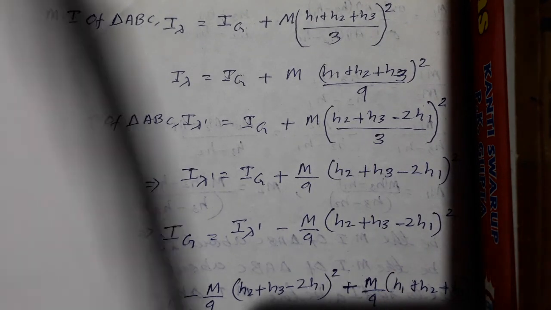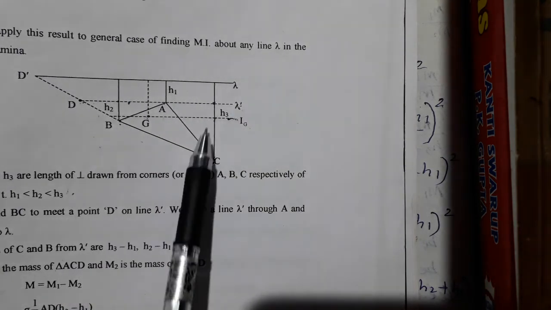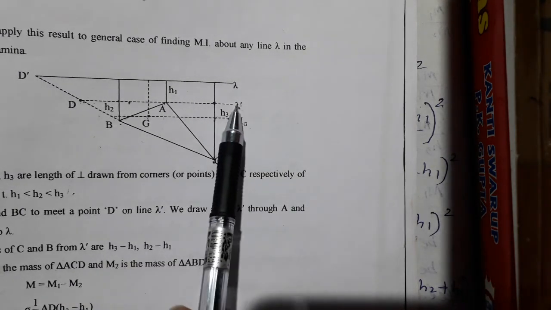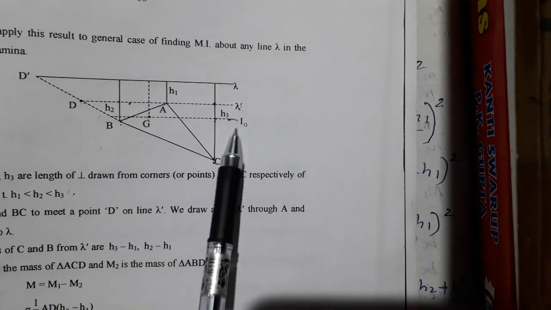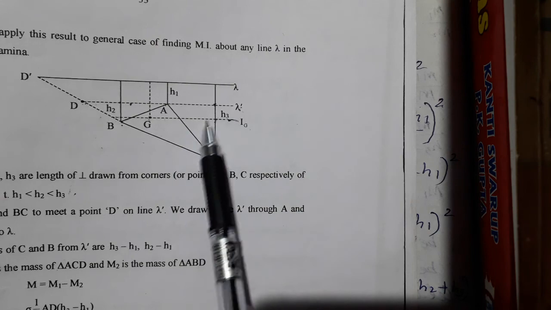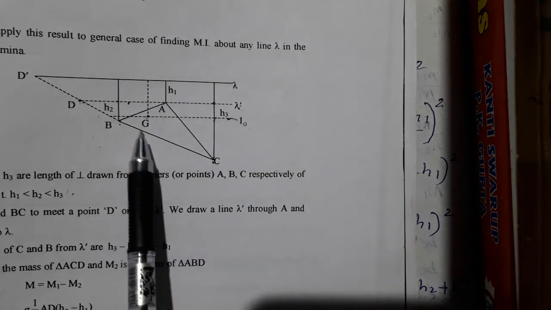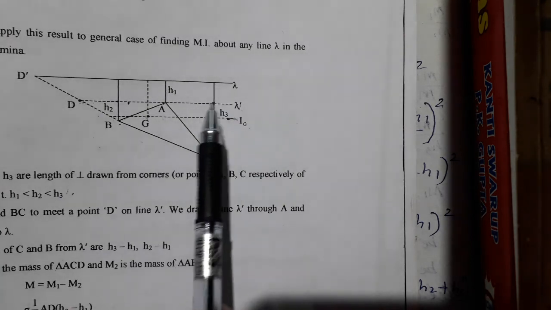In the same way, we find the moment of inertia of the triangle ABC about the line lambda dash. This line and the centroid axis are also parallel, so we can use the parallel axis theorem.